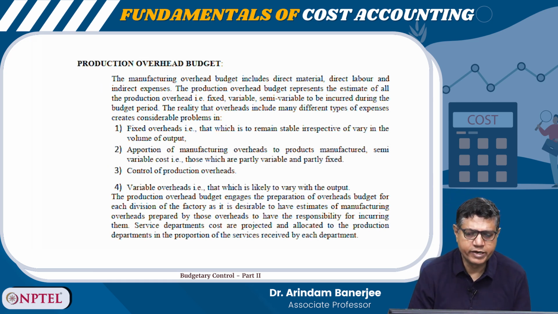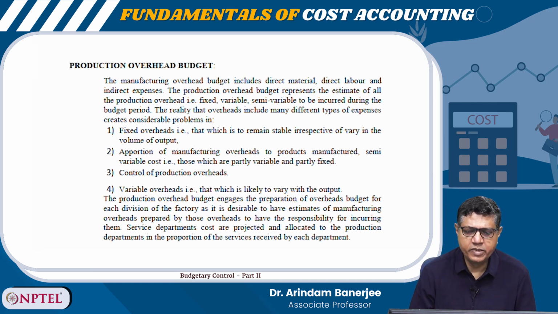That's also quite common. The production overhead budget involves the preparation of an overheads budget for each division of the factory, as it is desirable to have estimates of manufacturing overheads prepared by those who have the responsibility for incurring them. Service department costs are projected and allocated to the production departments in proportion to the services received by each department.